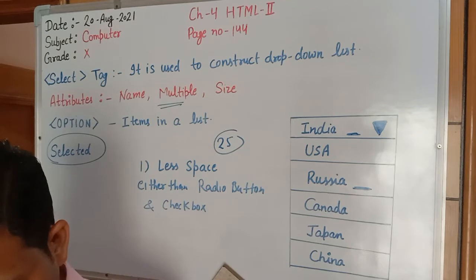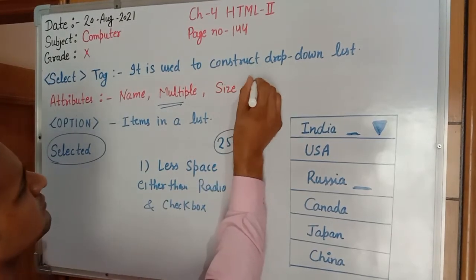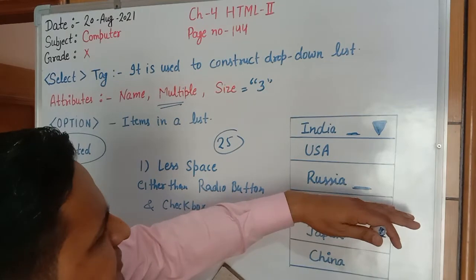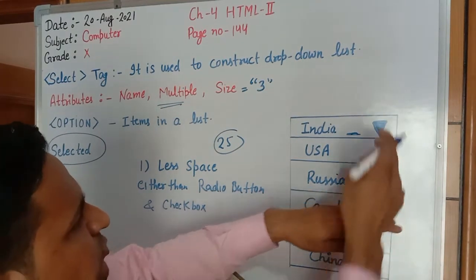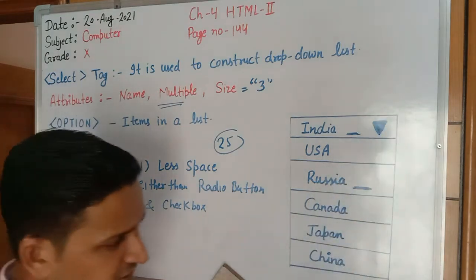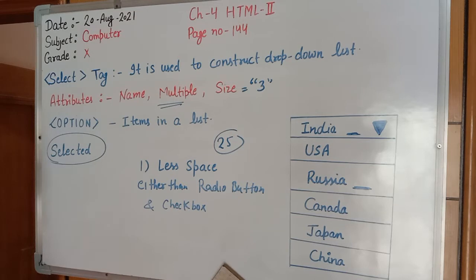It specifies the number of options that will be visible when the form is displayed. Suppose I am writing size equal to 3. So what will happen in this list? The first 3 items will be displayed, and the rest 3 items will go to the drop down list. Till the time we click here, these items will not be displayed. So 3 attributes are there: name, multiple and size.